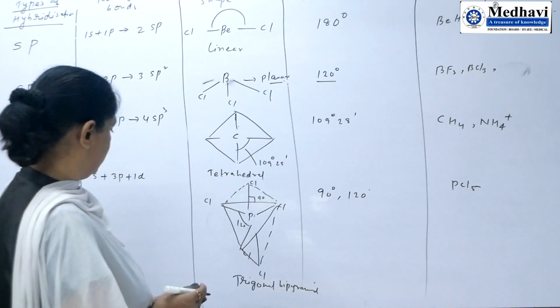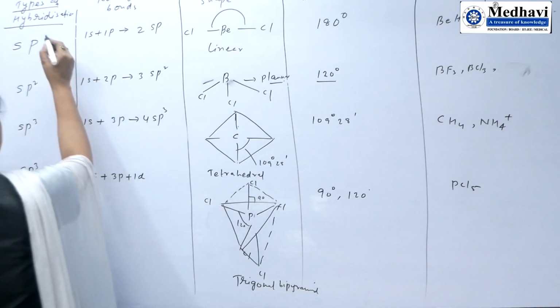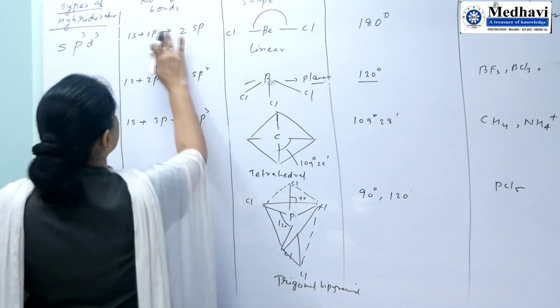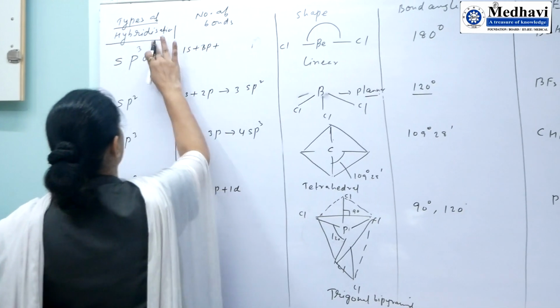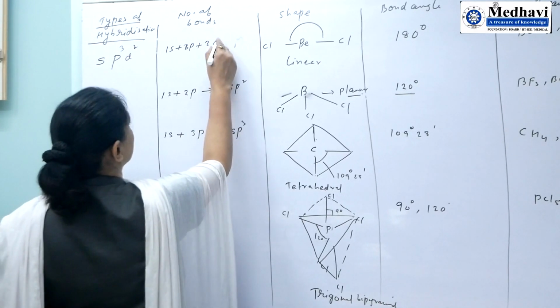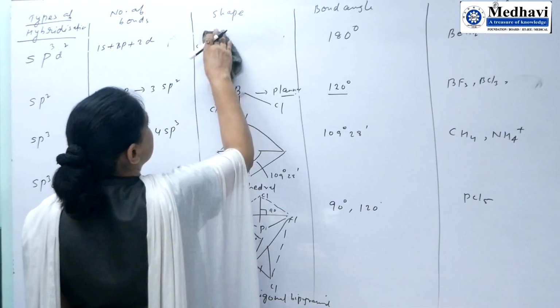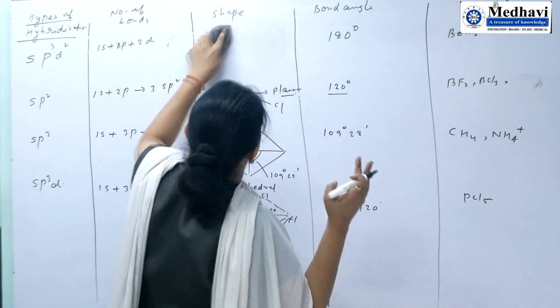One more compound, that is sp3d2. Here 1s, 3p and 2d. This compound will be SF6.